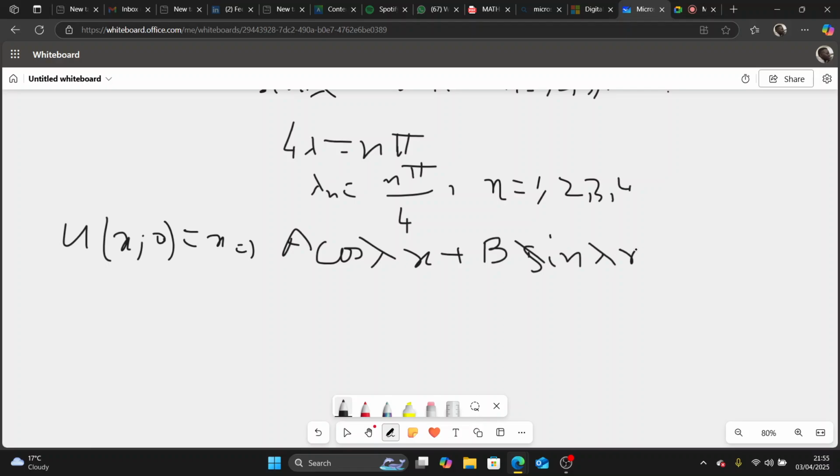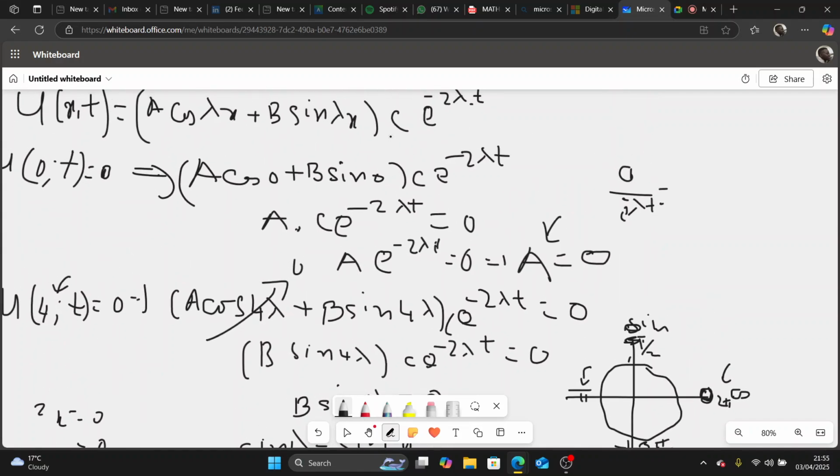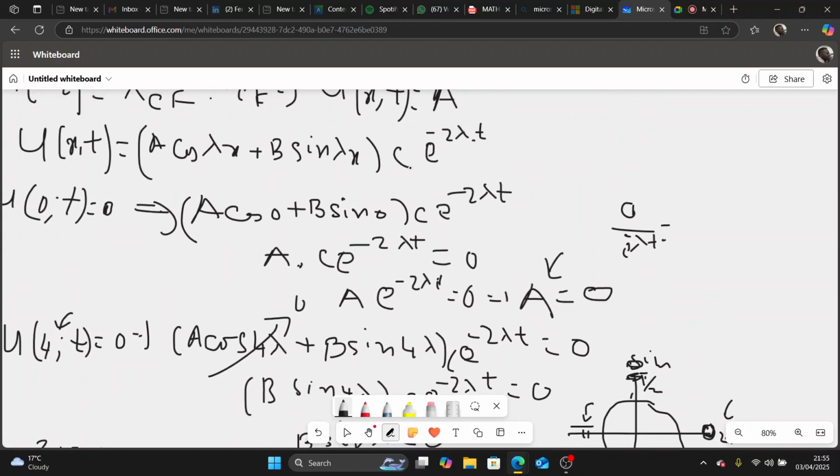It's going to be c here alone. What's the reason why I'm not taking c? Because a times c is a constant, and b times c is a constant. So you rather keep it a and b.